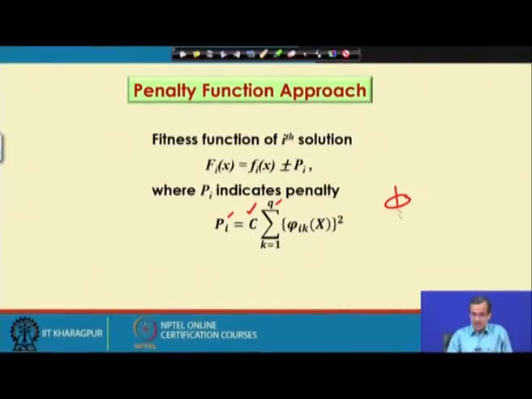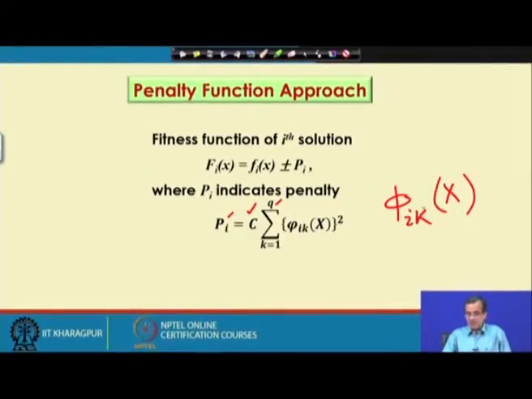So, this phi_ik(x) indicates how much is the violation of this particular functional constraint. So, what we are going to do is find out the left hand side value and the right hand side value for a particular functional constraint, and by subtracting we find out how much the violation is.